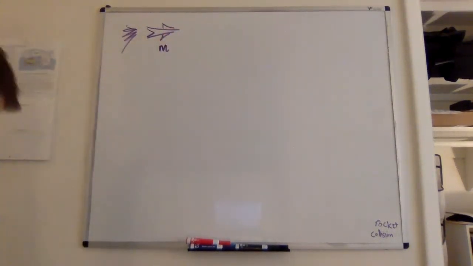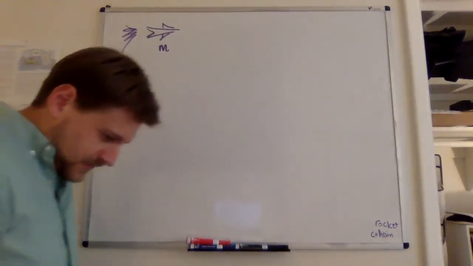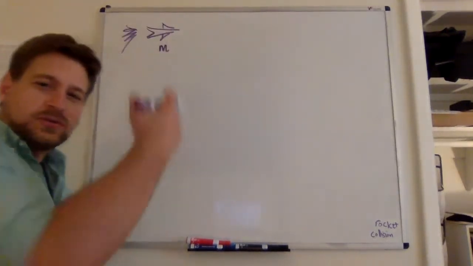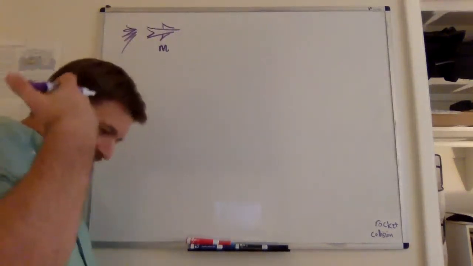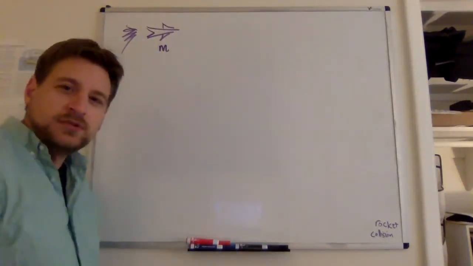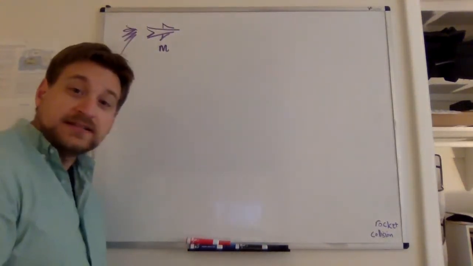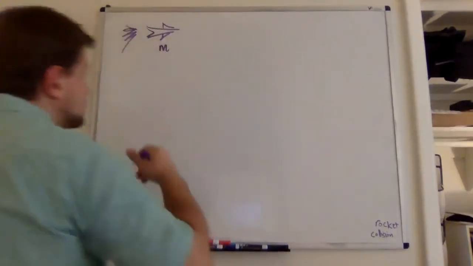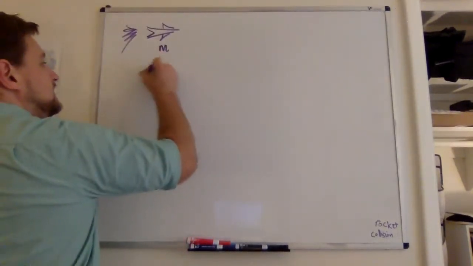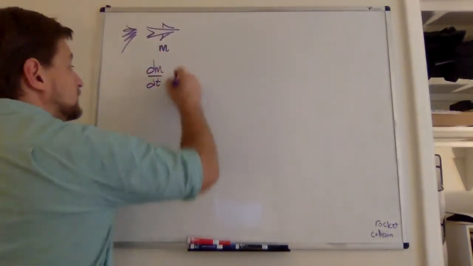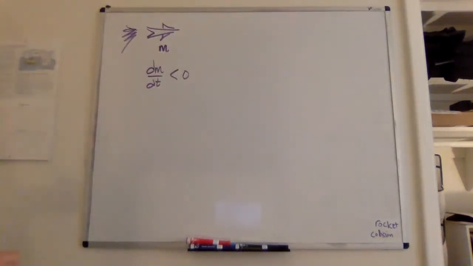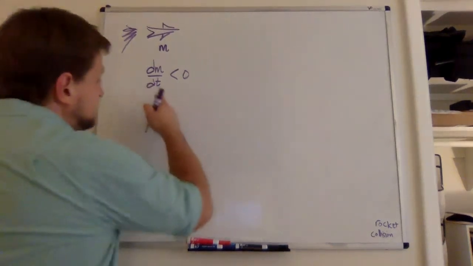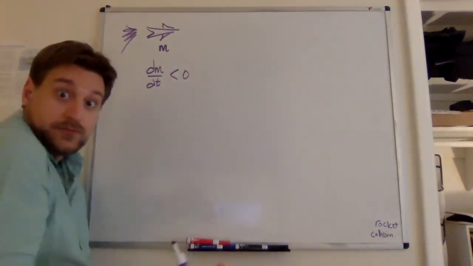Let's talk about a rocket with some fuel on board with total mass m. As it burns and exhausts the fuel, the mass on board the rocket decreases. So dm/dt is negative. Now dt is always, we're going to let time run forward.